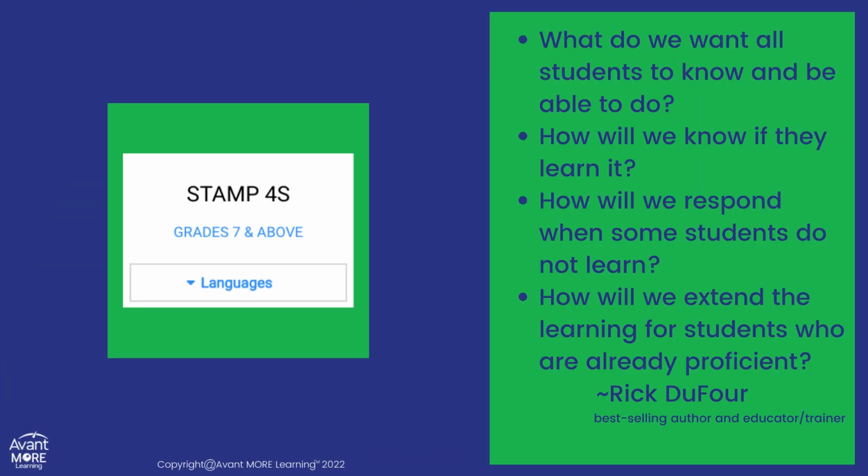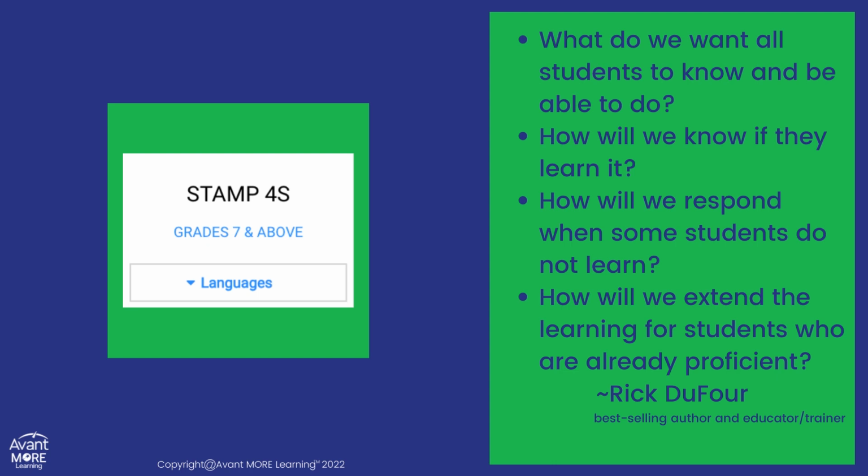We're going to have as an example here the STAMP 4S, which is one of our proficiency tests. It's a 4-skill test that is going to test them in reading, writing, listening, and speaking. But really, for this assess stage, what we're going to talk about could apply to any of the tests that we offer.